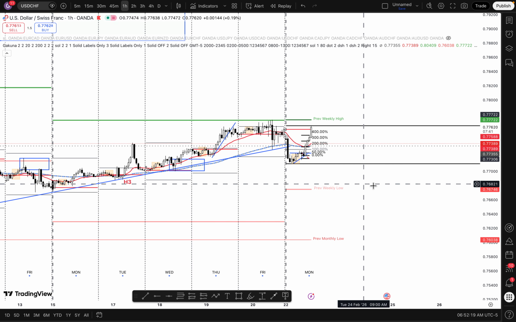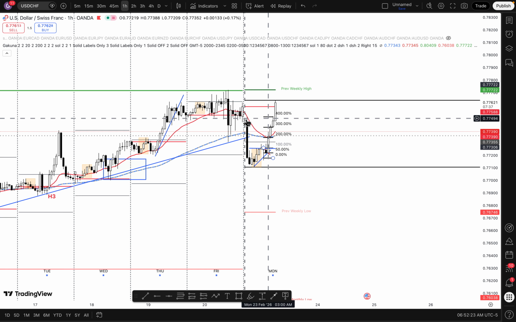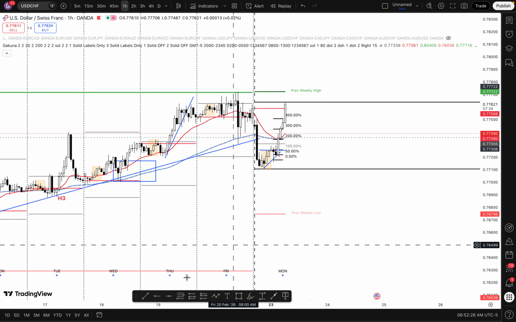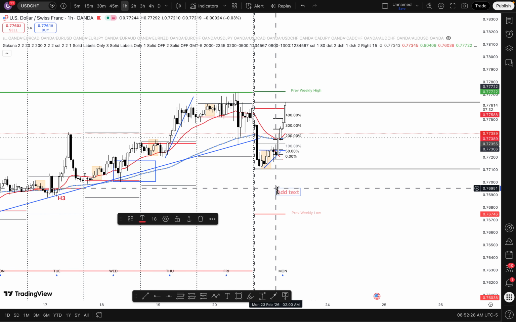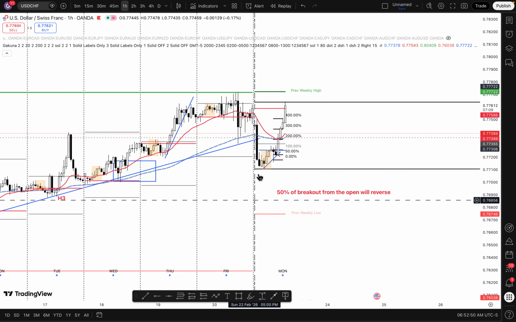Now you notice the market came in the gap time. Al Brooks would always say 50% of breakouts from the open will reverse. We had the market open up with a breakout.